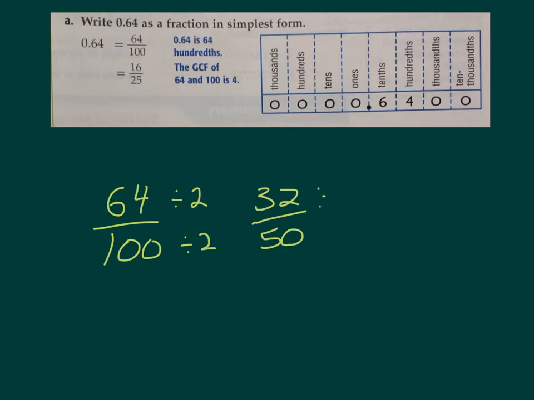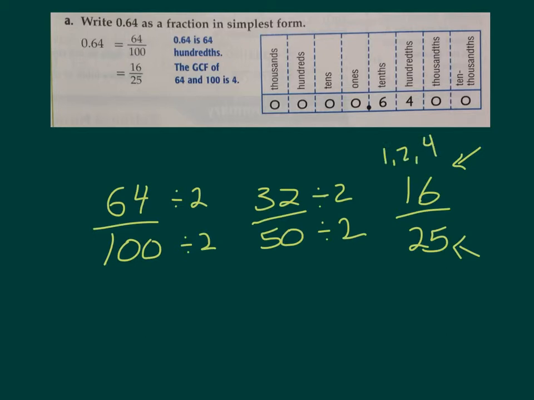And I see that those are both even, and I know anytime I have a number that's even, I can divide by 2, and that leaves me with 16/25ths. Now, there are no more numbers that will go into the numerator, the top number, or the denominator, the bottom number. The only numbers that would go into 16 are 1, 2, 4, 8, and 16.